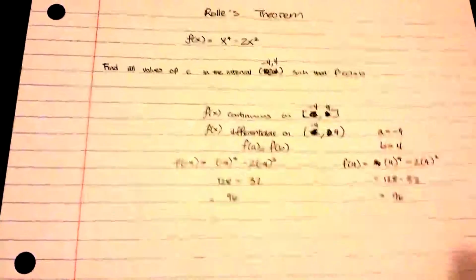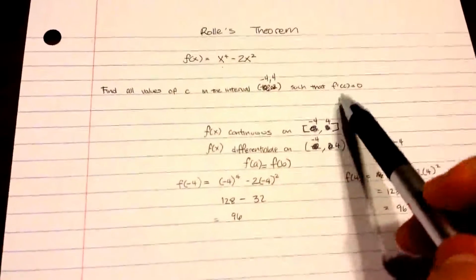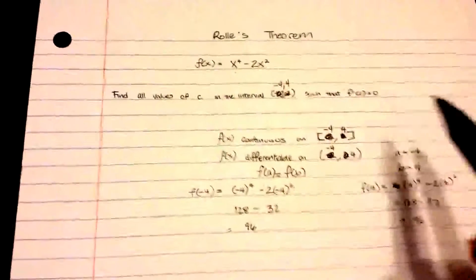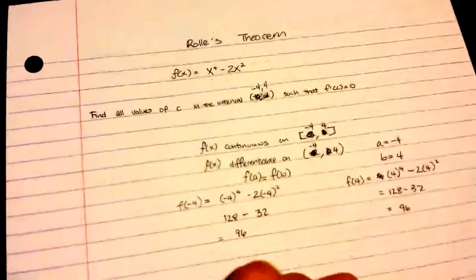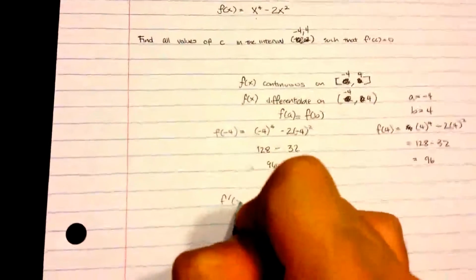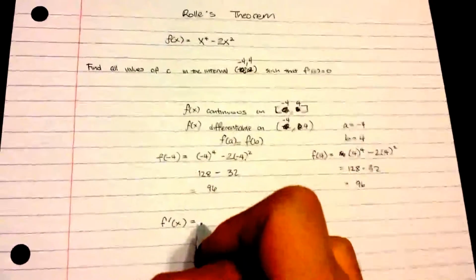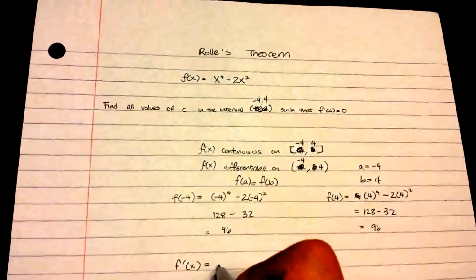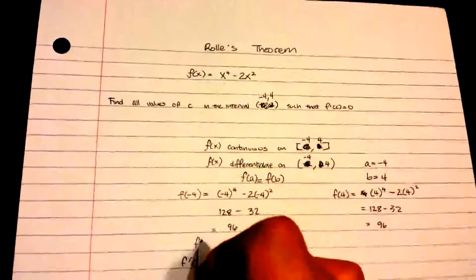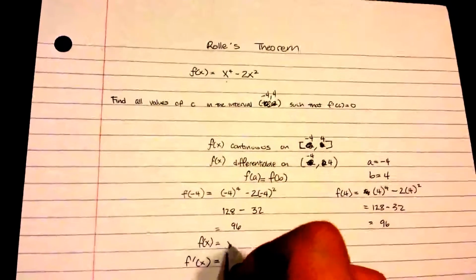Rolle's theorem just says that we can find f prime of c equal to 0. So what we do is take the derivative of f of x. First, let's rewrite this equation so it's easier to work with.